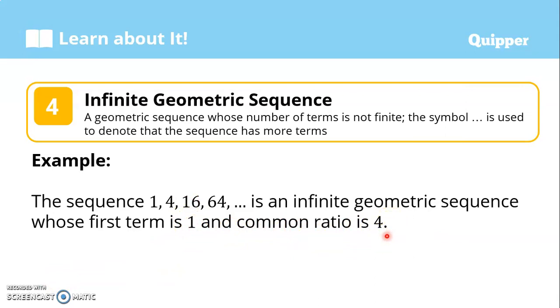Wait lang. Paano nakuha ang common ratio nga? We have 4 divided by 1, that is 4. Or you can also use 16 divided by 4, that's also 4. Or 64 divided by 16, that's also 4. Okay? Ano bang last term nito? Walang last term. Kasi, take note, it has ellipsis dots at the end, meaning it goes on and on. So therefore, it's an infinite geometric sequence.